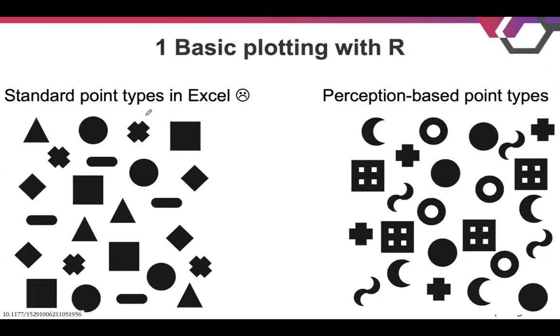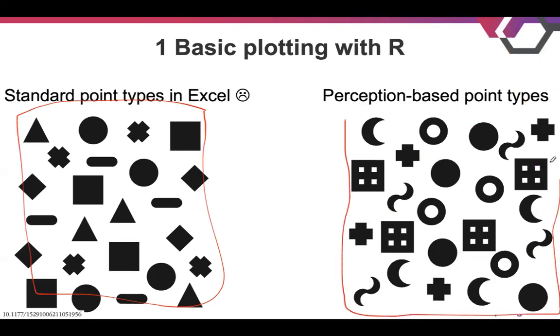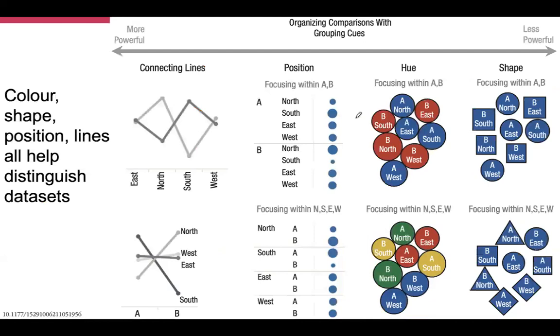We also think about point types. Unfortunately, the standard ones in Excel are not very effective. However, there are ones that are known to be effective based on humans' perception and testing to show that they work more effectively for visual features for people. We also have to think about how we can better distinguish 2 different data sets.